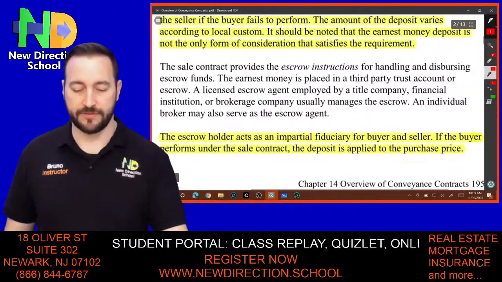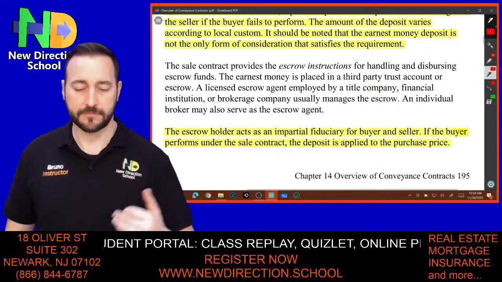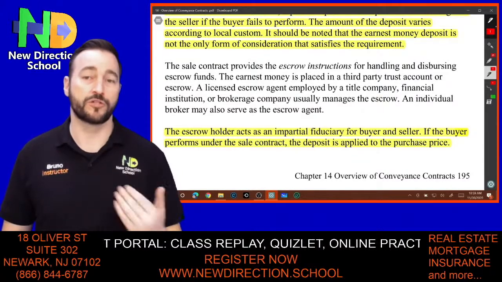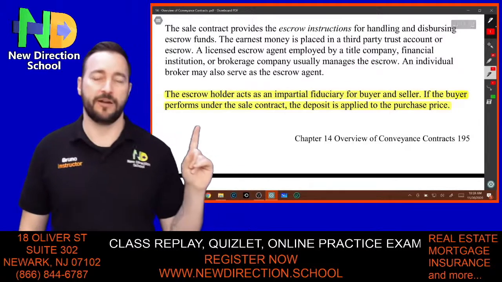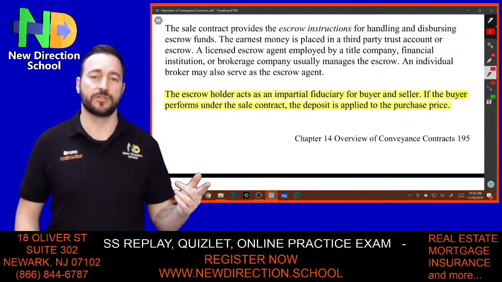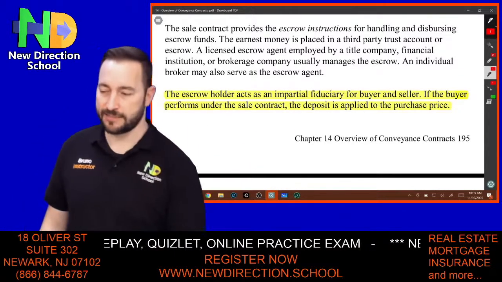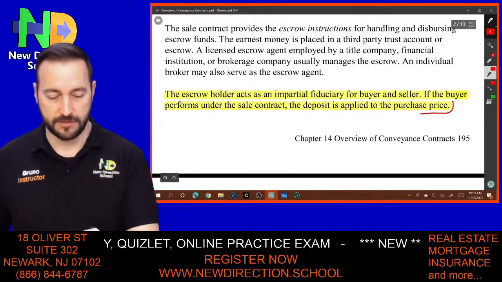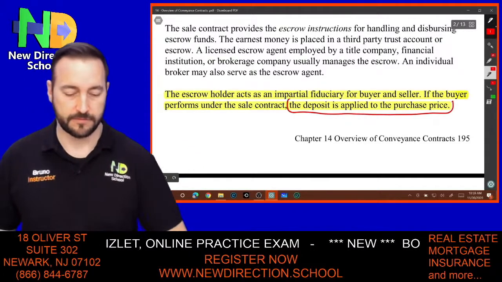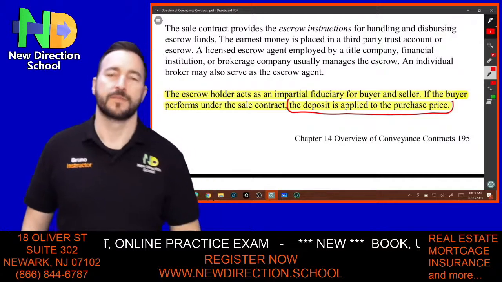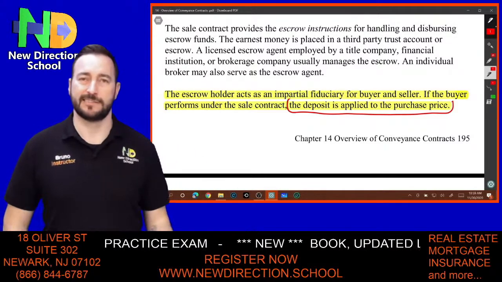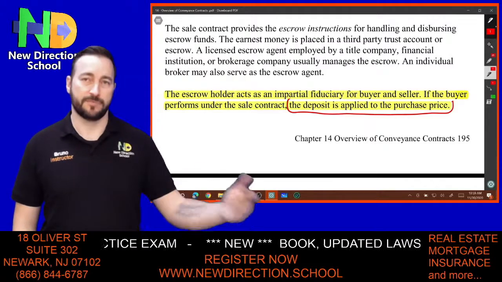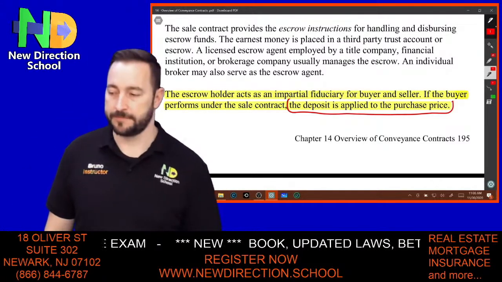They have the option of either keeping the money or suing for more. If the buyer concludes, like if we go to the closing, then the deposit is applied to the purchase price. So it usually goes towards the down payment, but it's applied towards the purchase price as a credit.